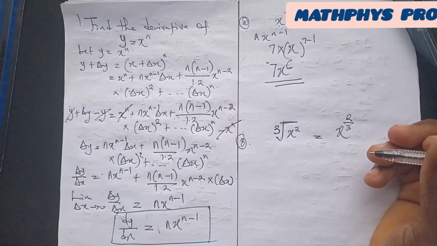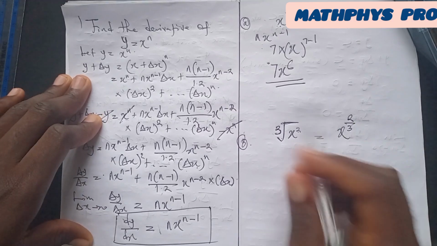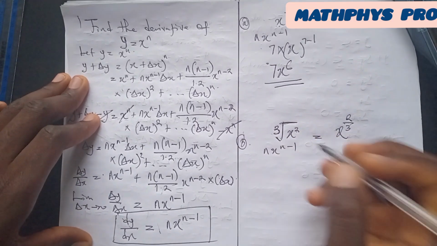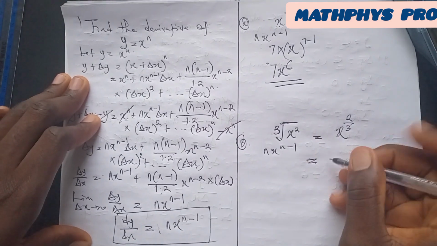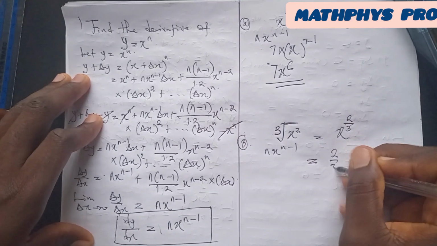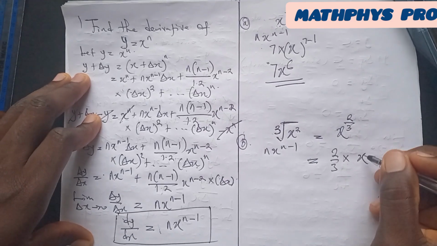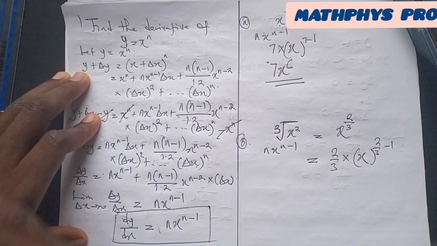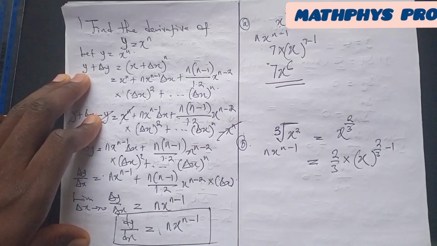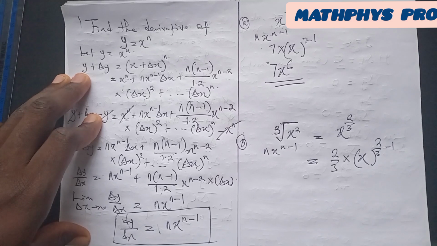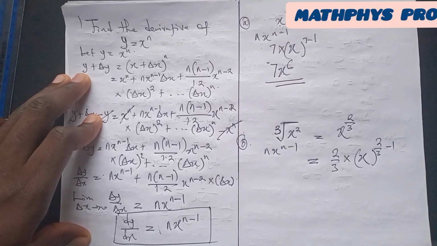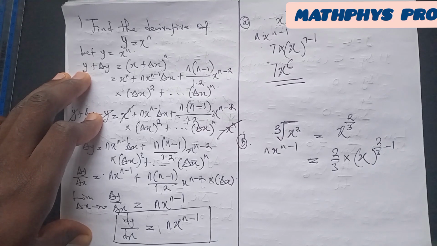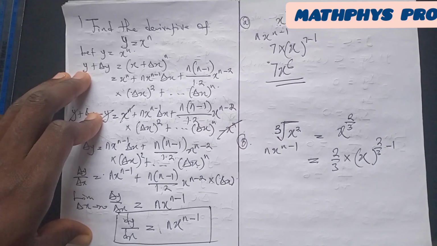Now, if we apply the general formula n x raised to the power n minus 1, we can say that this is equal to 2 over 3 times x raised to the power 2 over 3 minus 1. 2 over 3 minus 1 is equal to minus 1 over 3.